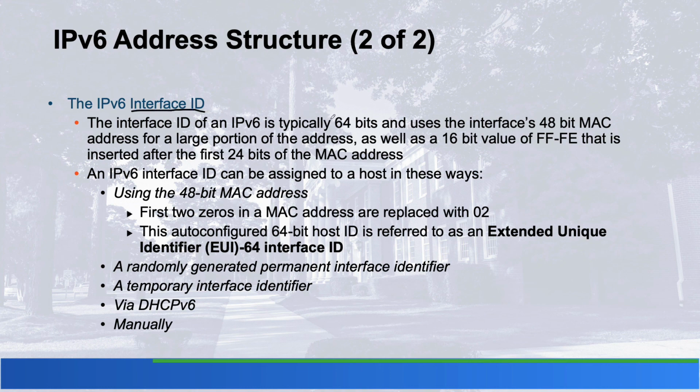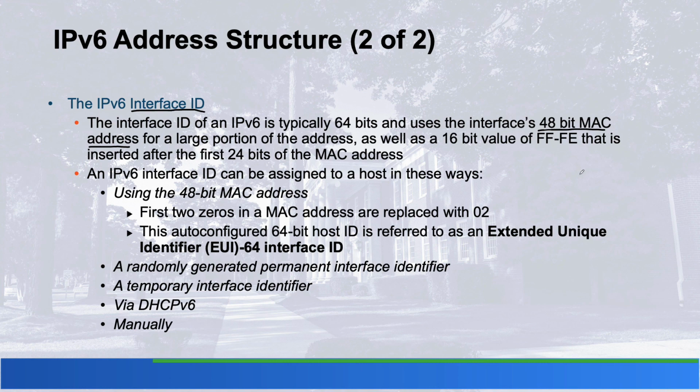The first 64 bits are going to be used for identifying the ISP and the geographic region of the address. The last part, the last 64 bits, are going to be built using the MAC address of the computer. Okay. So then we have 64 minus 48, so 16 bits left.